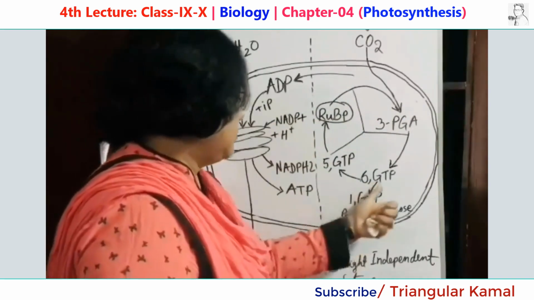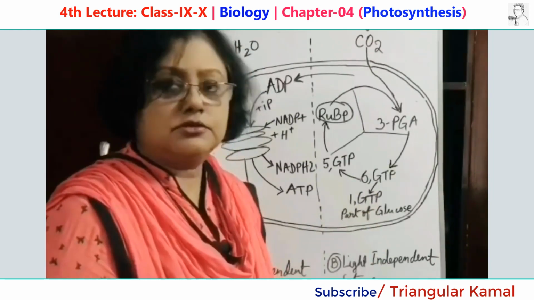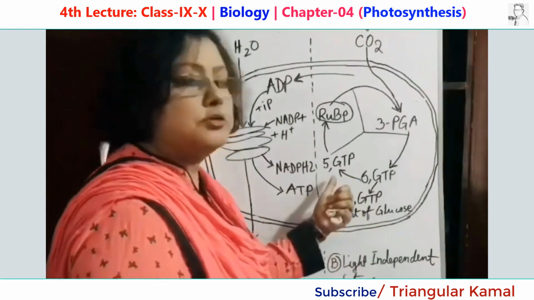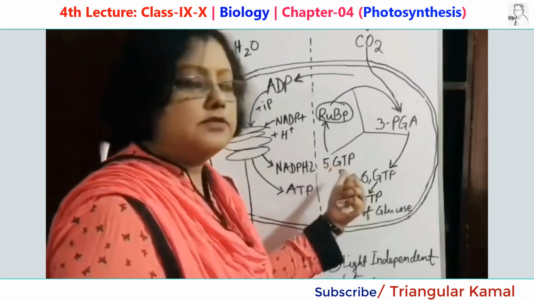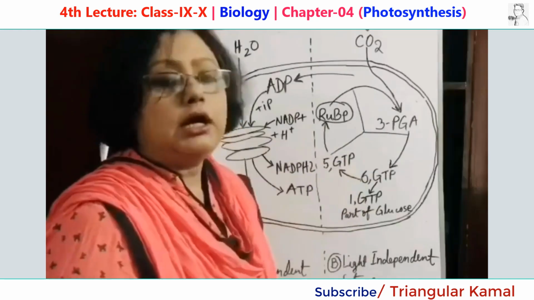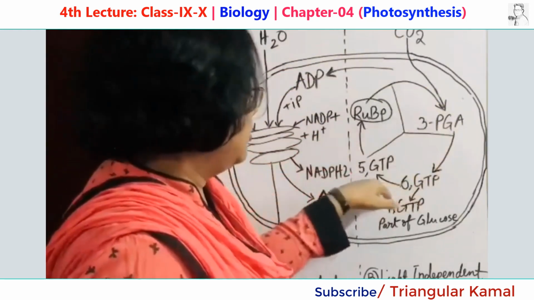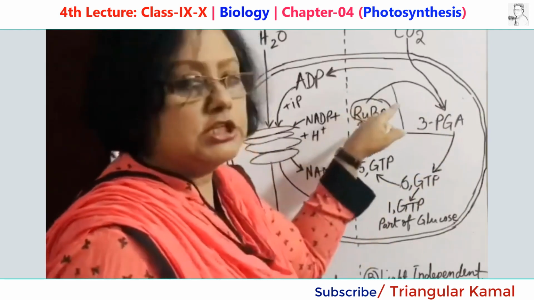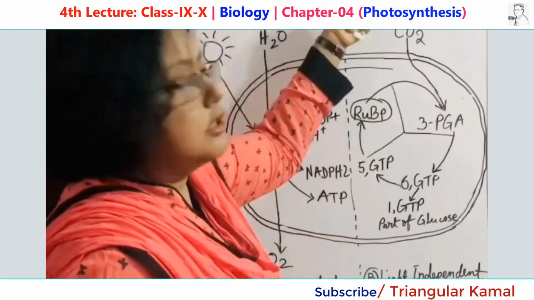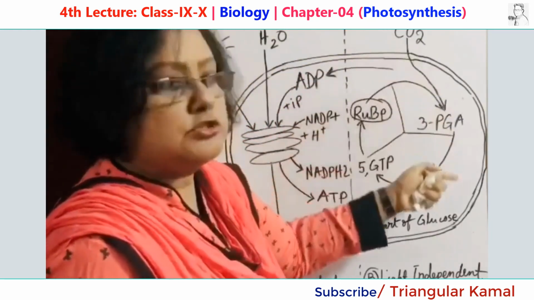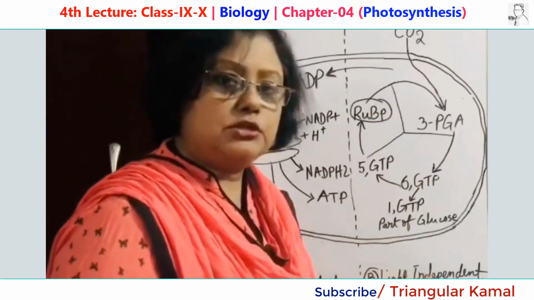After that, one molecule of GTP produces a part of the glucose molecule, and the rest of the 5 molecules of GTP, again using energy from ATP, turn into RUBP. From 6 molecules of carbon dioxide, 1 molecule enters and produces a part of glucose while regeneration of RUBP occurs, and this way 6 molecules of carbon dioxide enter the stroma, and this cycle goes on 6 times to produce 1 molecule of glucose.